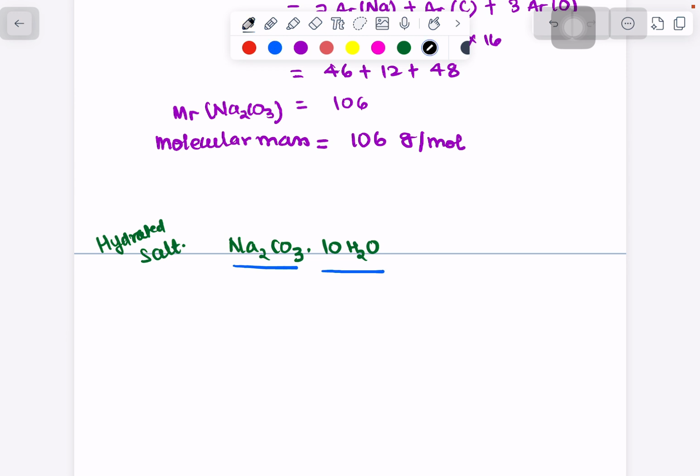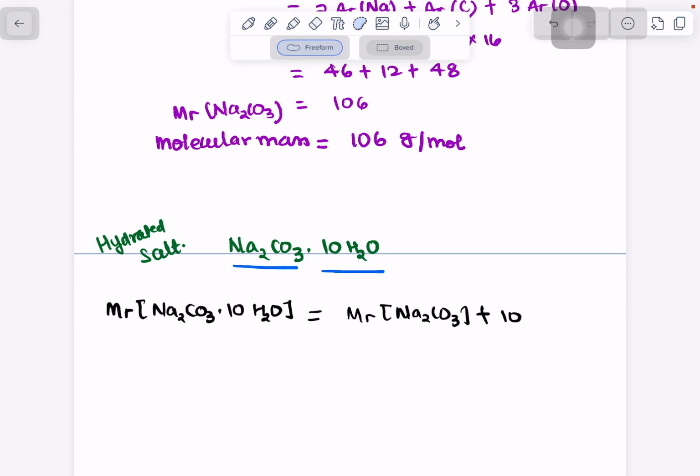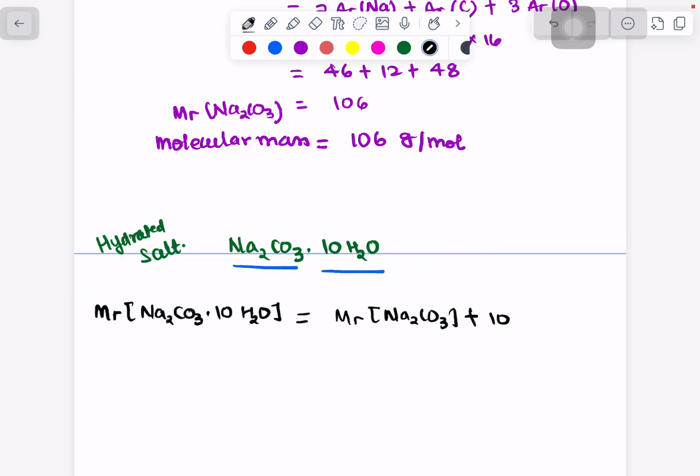So the molecular mass of the crystalline salt Na2CO3 dot 10H2O will be the Mr of Na2CO3 plus 10 Mr H2O.